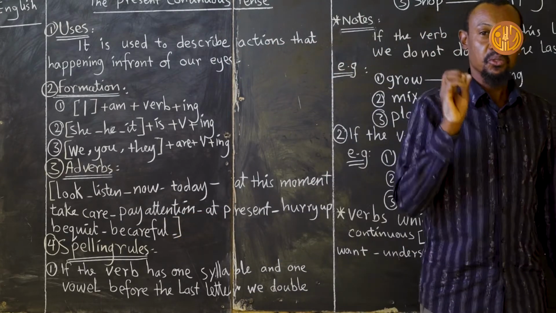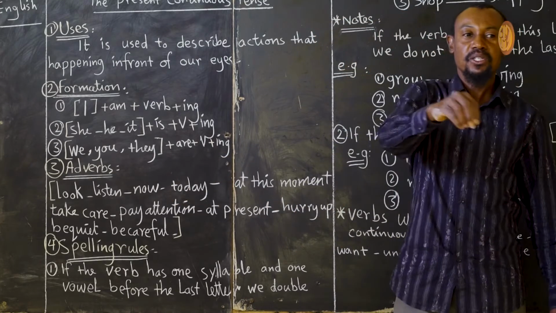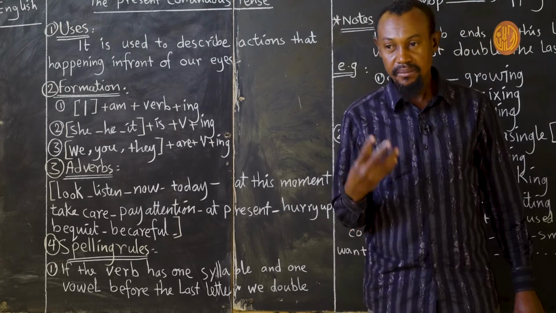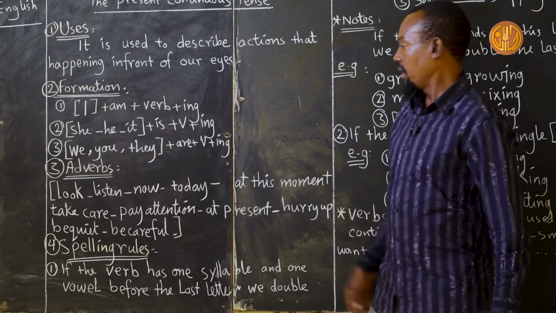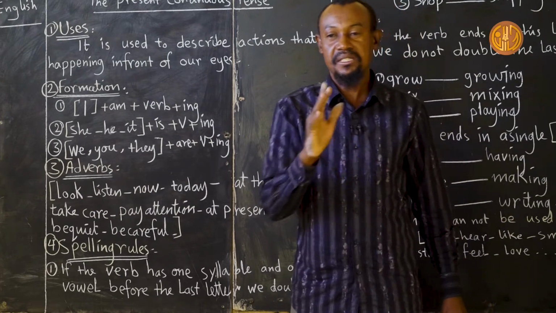All these adverbs, student, indicate that the action is happening in front of our eyes, something happening in front of you. When your friend says to you, look, that means now, at the moment of speaking.